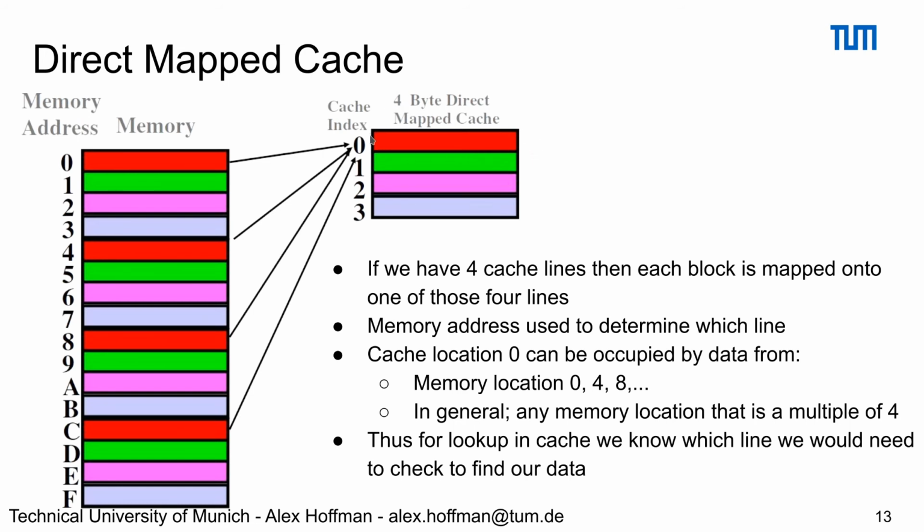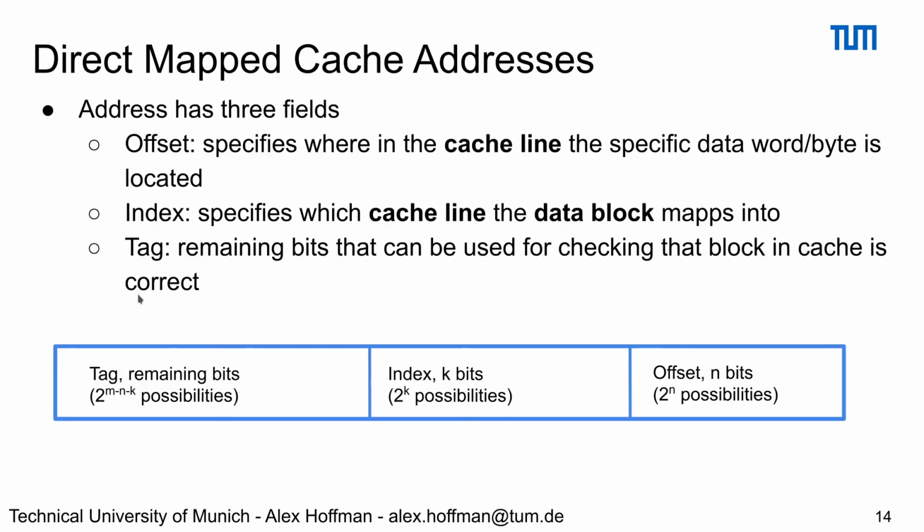The metadata stores the tag of the currently loaded block, and we can compare the tag to the metadata's tag to see if it's the same memory block. We'll see in an example in a minute that this tag is also unique for all blocks that fall onto the same cache line. So the tag is obviously not unique in the entire memory, but given any cache line, there is only ever one memory block with each tag. And so that's what the tag is.